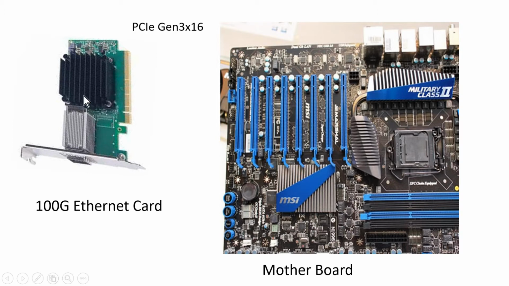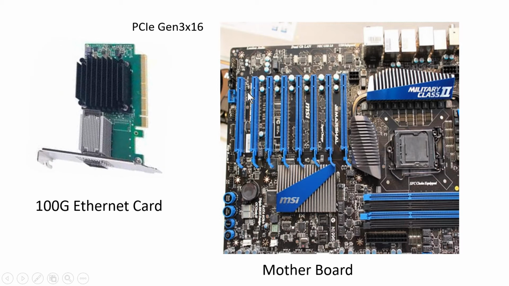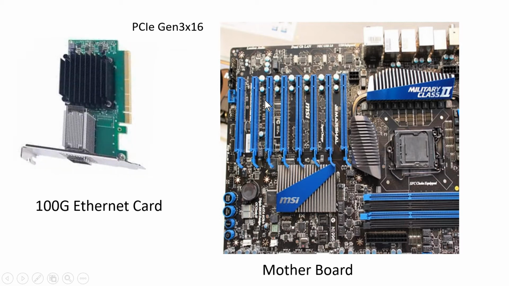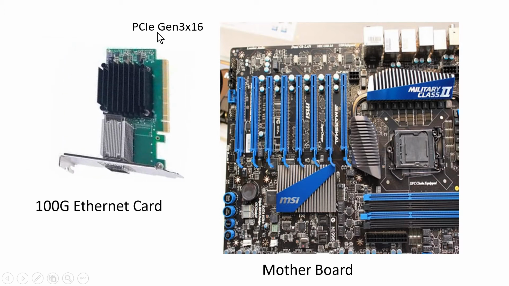This is a 100 gigabit Ethernet card from Mellanox company, and this is its 100 gigabit interface. And it has another interface which is PCI Gen 3 by 16 interface. Through this interface only it sits on any server, host or personal computer. Gen 3 by 16 means it has 16 differential lines.